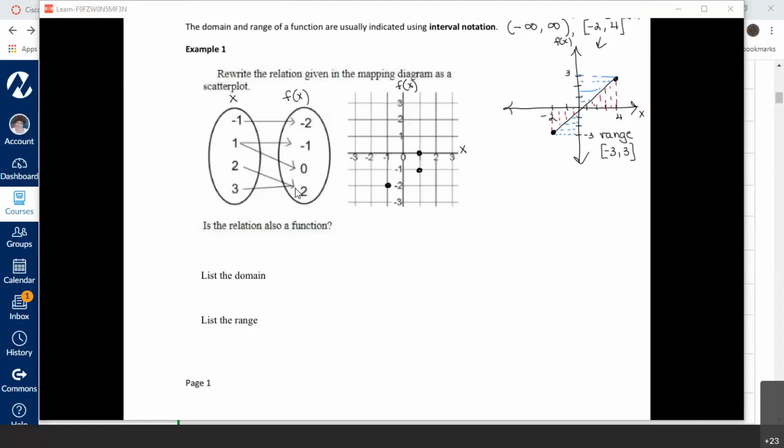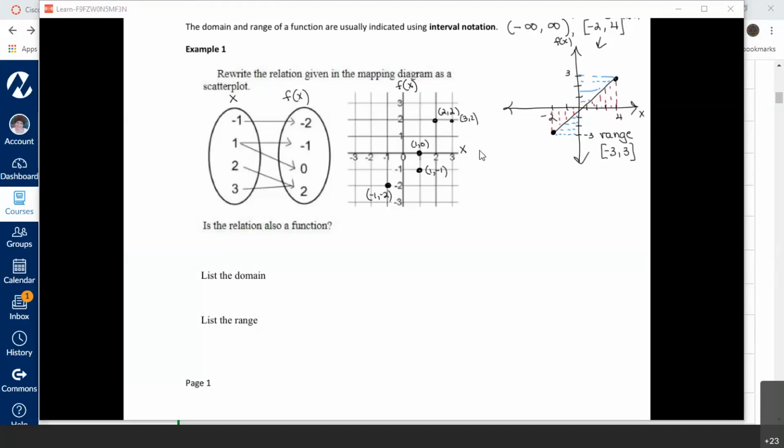So you go to +2 on x, +2 on y. So this is the ordered pair 2, 2. This is the ordered pair 1, 0, 1, -1. You get the general idea. So you're using the mapping diagram to make ordered pairs. And the last one is 3, 2. So that's kind of how you translate it.